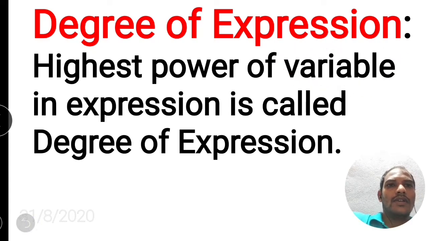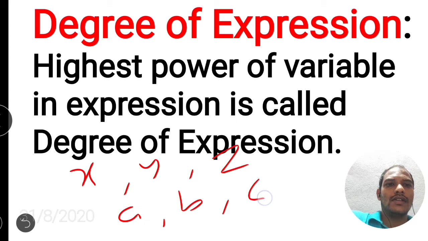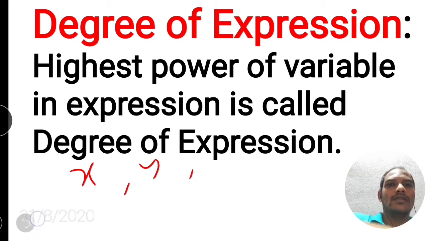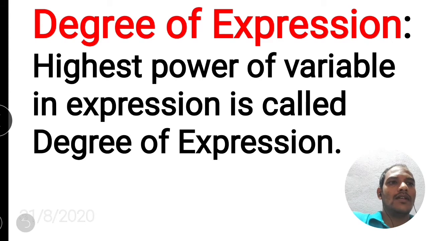Yes, English alphabets are called variables. For example, X, Y, Z, A, B, C, D, etc. are called variables. So the highest power of a variable in an expression is called the degree of an expression. Let's see some examples.